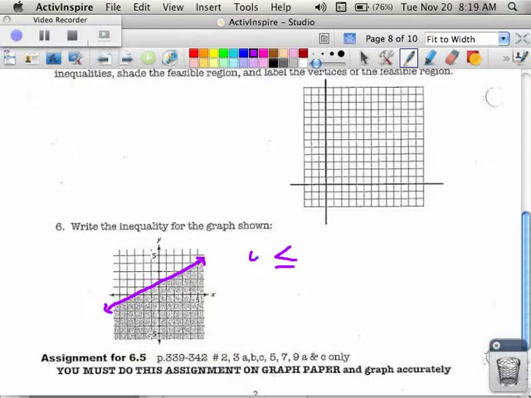I know that I always have a y there. And I'm looking for the y-intercept. Where's the y-intercept? 1.5. So I put down here, because my y-intercept is at 1.5, I put down 1.5 for the y-intercept. Is the graph going up or down? Up.